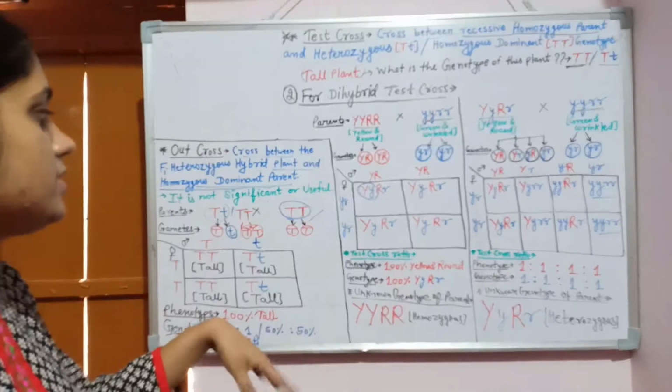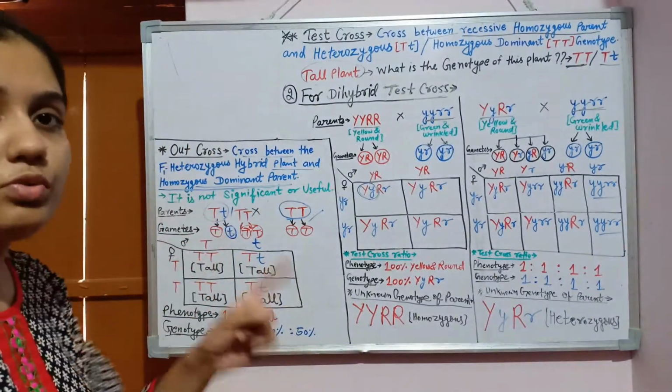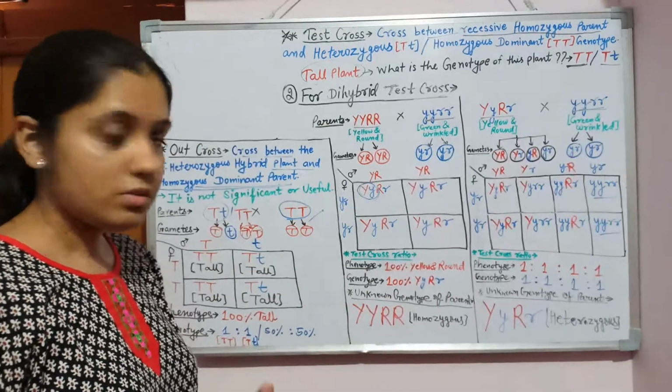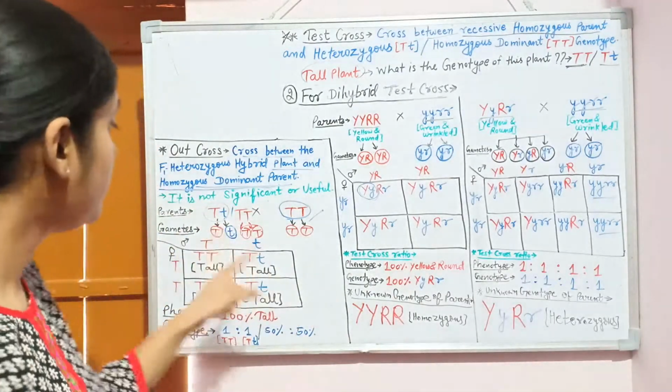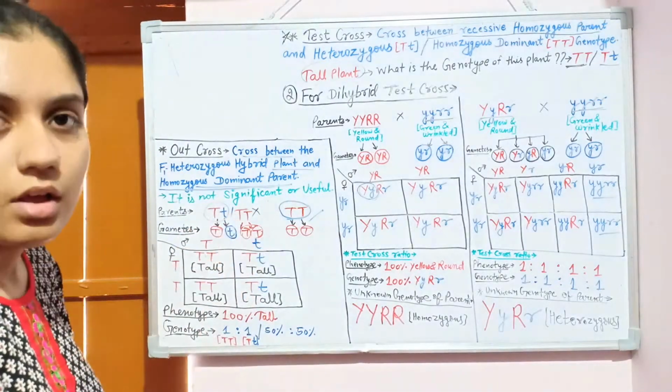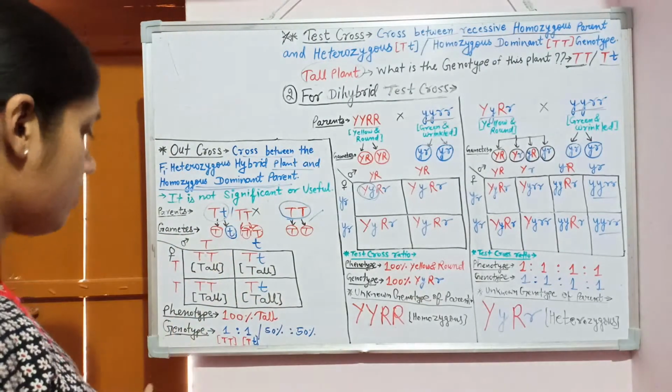So in both cases all the plants were tall, so we cannot assume the genotype of the parent that we take. Okay, so it is not so important.